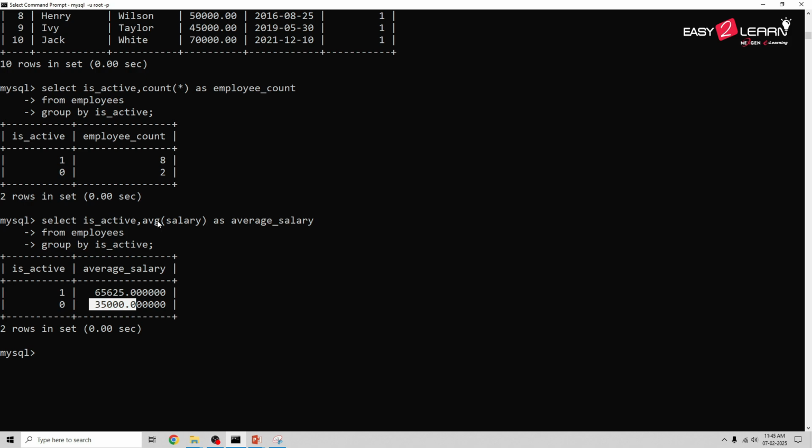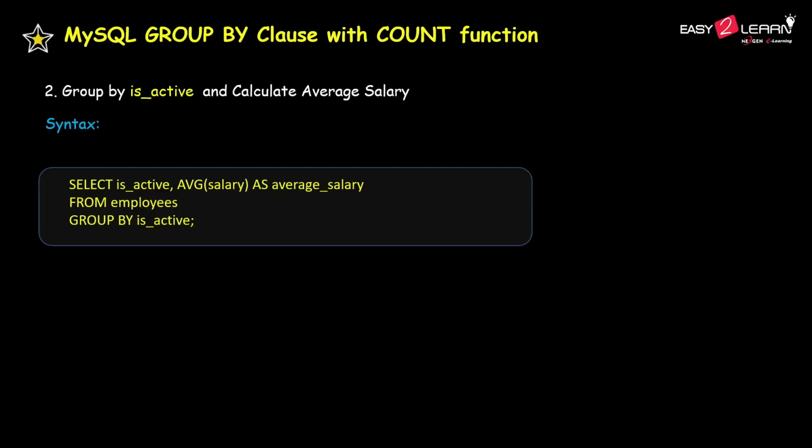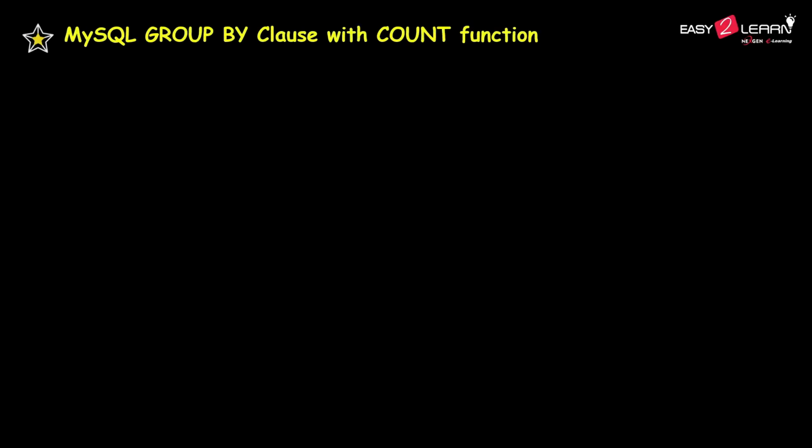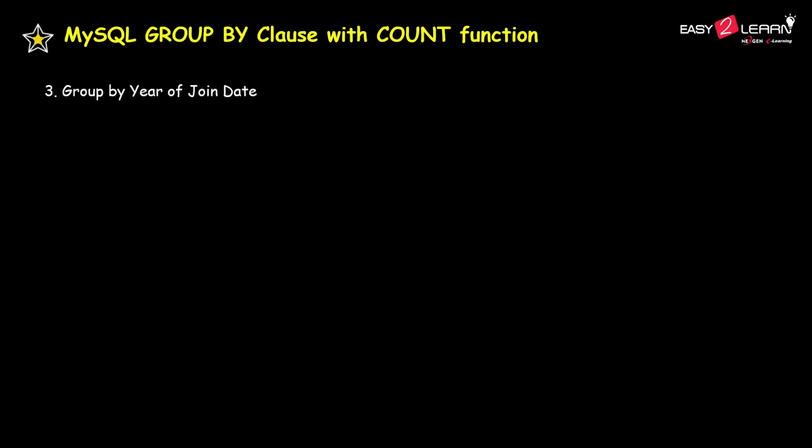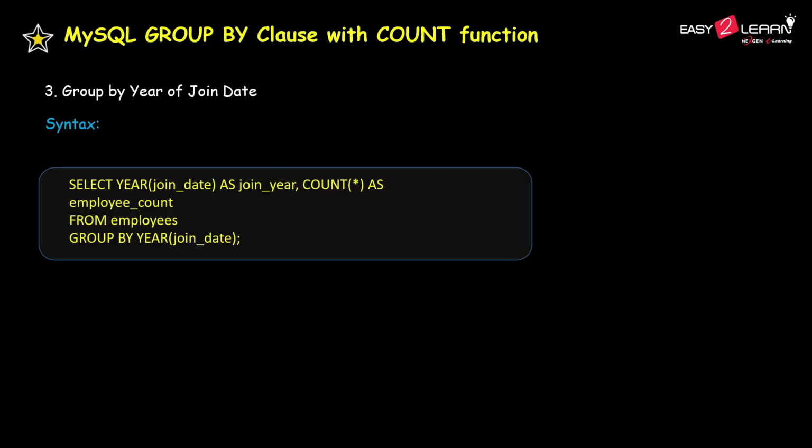So let us see what the next query is. Here I want to use group by year of joining, year of date of joining. See here, we select year of date of joining. So from this date of joining, I'll take only the year as joining year, and count star as employee count, from employees group by year of joining date.